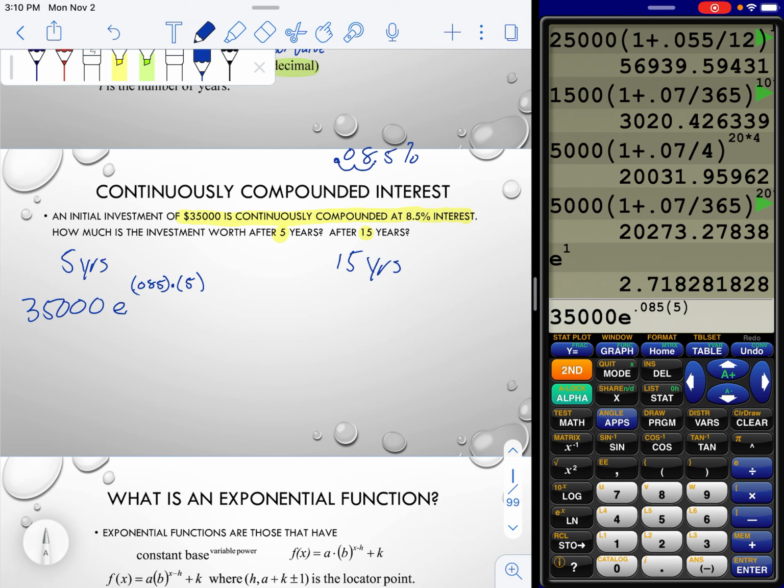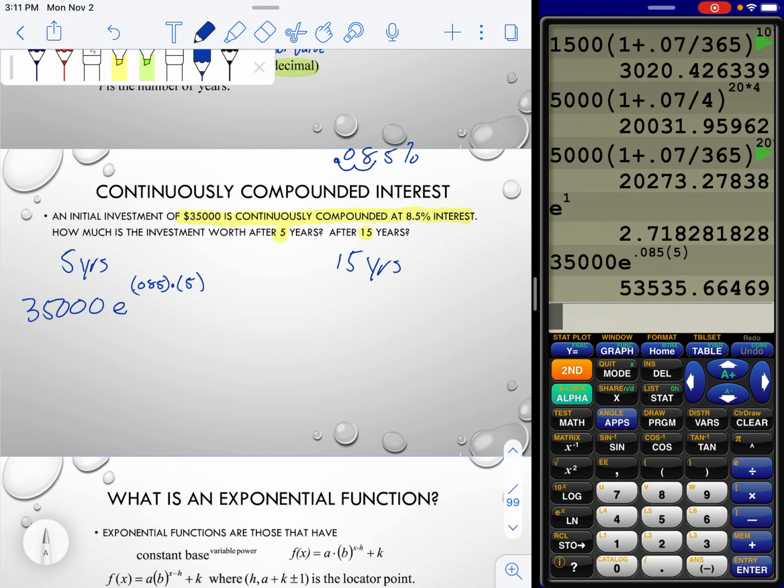So all that's raised to the exponent. Again, if you're using just a regular calculator, you have to do e, insert a left parenthesis, and then do that calculation inside parentheses to make sure it's all the exponent. So in just 5 years, your 35 grand turned into over 53,000. What's it going to do for 15 years?